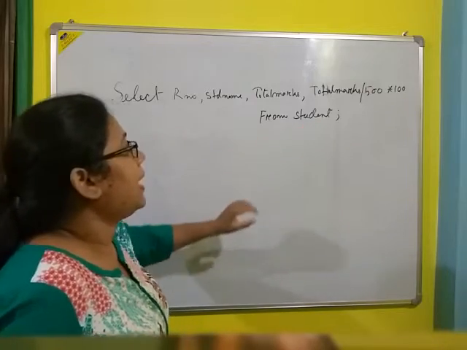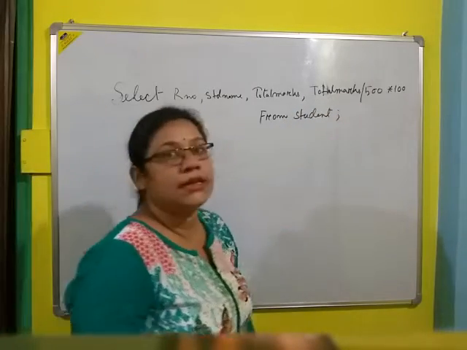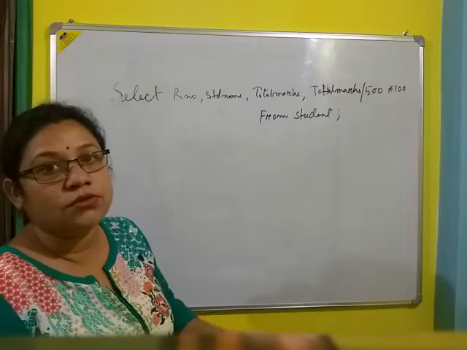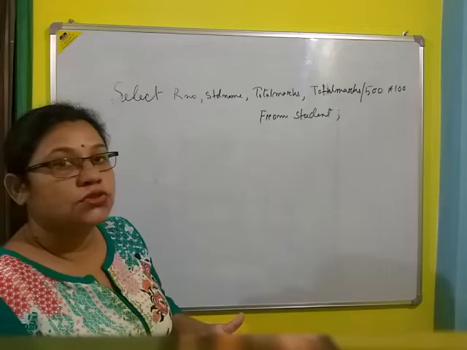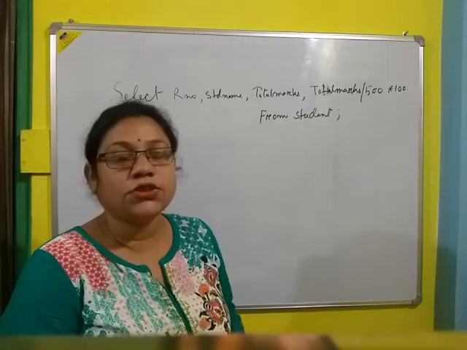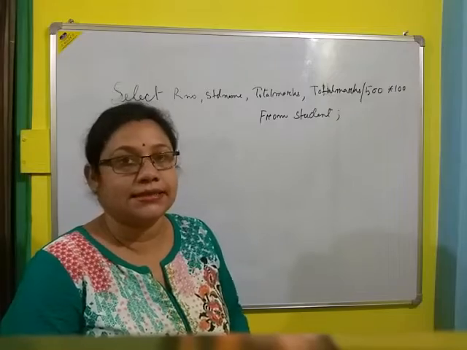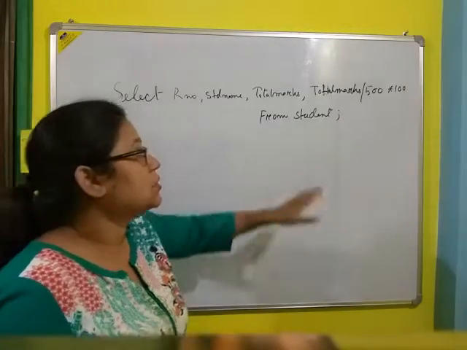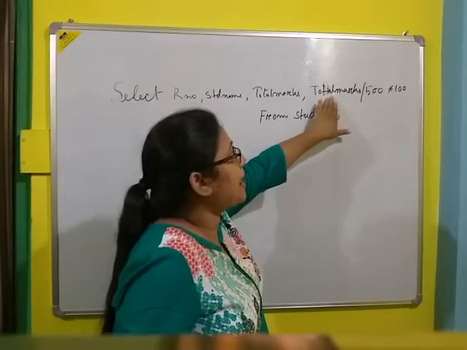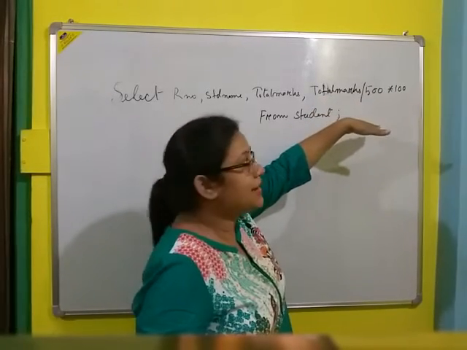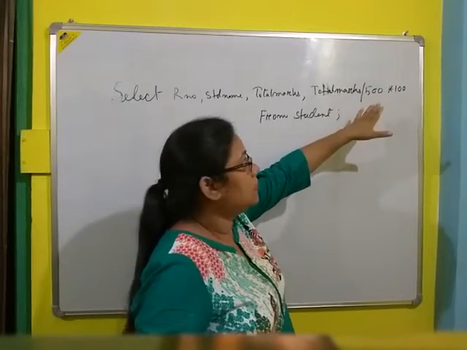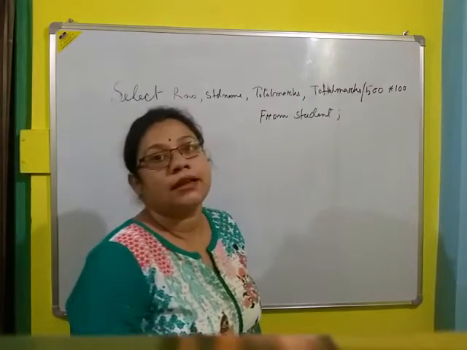These three are the column names present in the table student. And here I am using the arithmetic operator. By using the arithmetic operator, I want to display the percentage based on the total marks. So here I am using the formula: total marks scored by the student divided by 500 into 100.